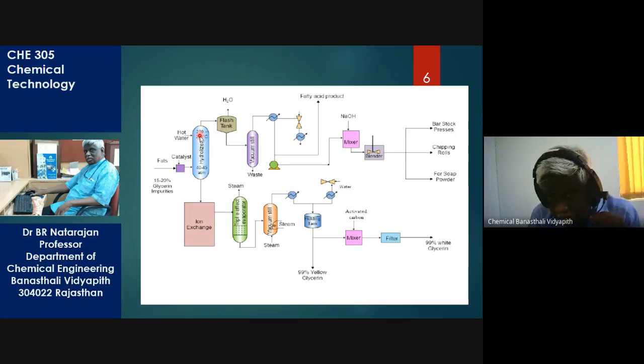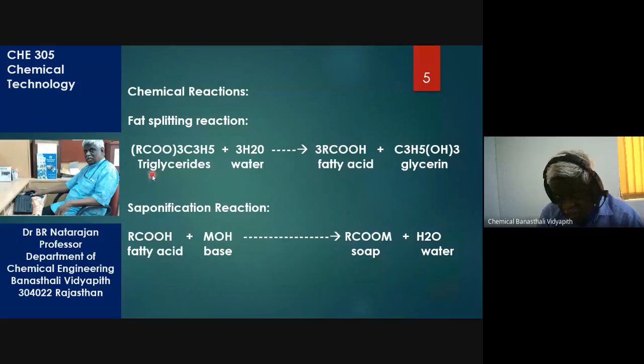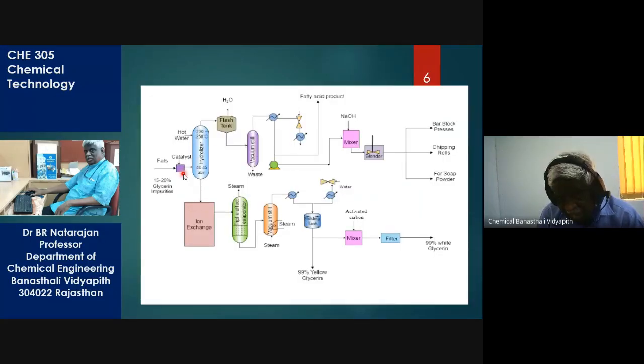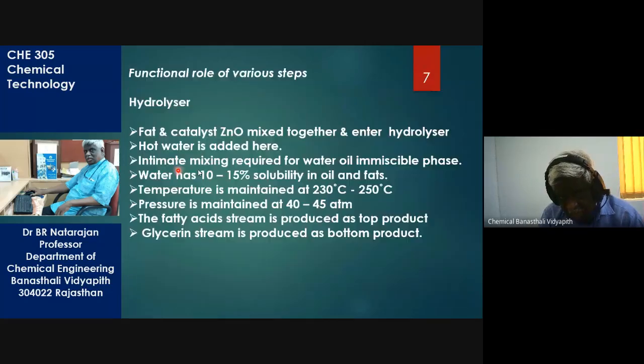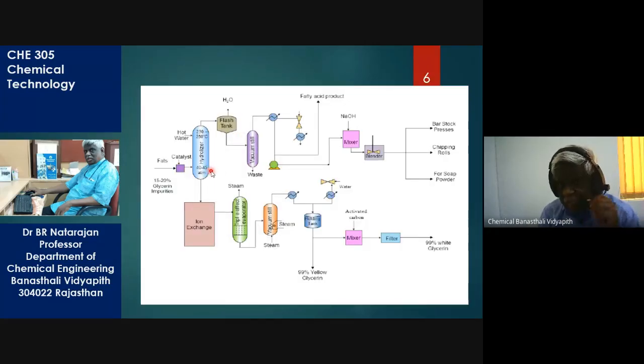It is operated at 230 to 250 degrees centigrade, 40 to 45 atmosphere pressure, with water. So remember, the first reaction has to take place, and the catalyst helps in making this reaction faster. Usually the catalyst used is zinc oxide.